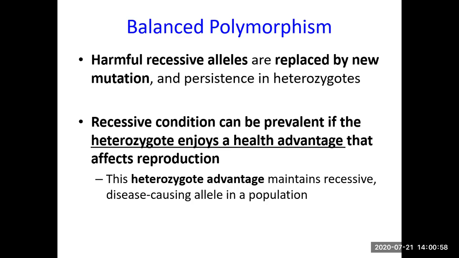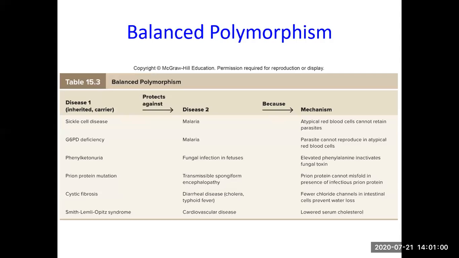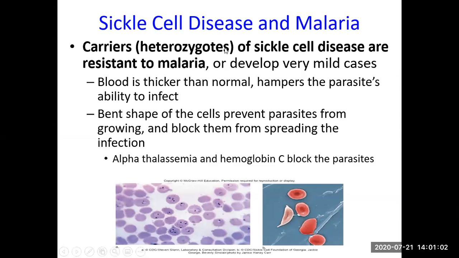And I have mentioned this before. The advantage, let's say in sickle cell anemia, is that it gives protection against malaria to heterozygote individuals. The heterozygote individuals have sickle-shaped red blood cells, and their blood is thicker, so the malarial parasite cannot enter and stay in these people's blood.